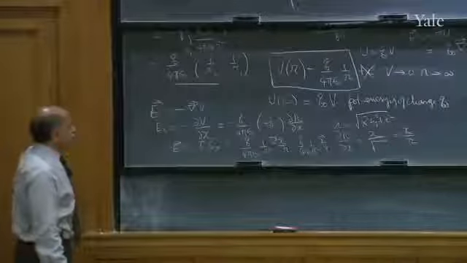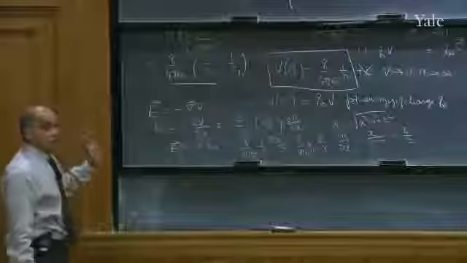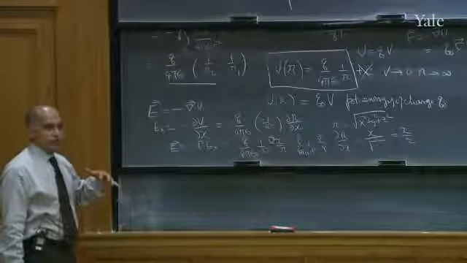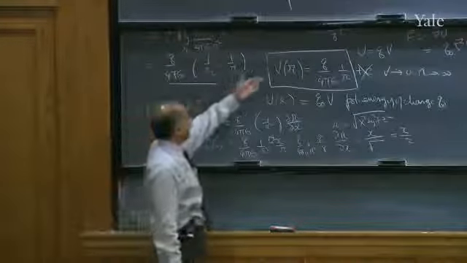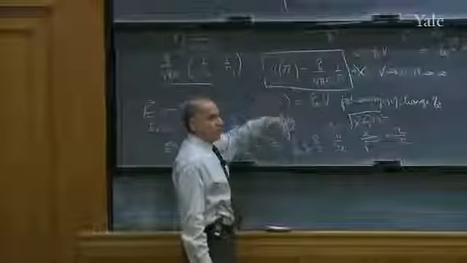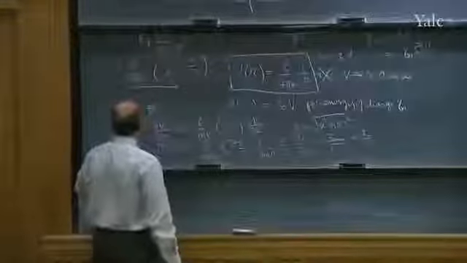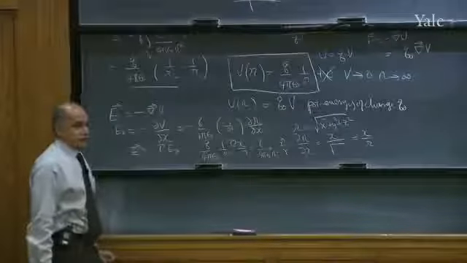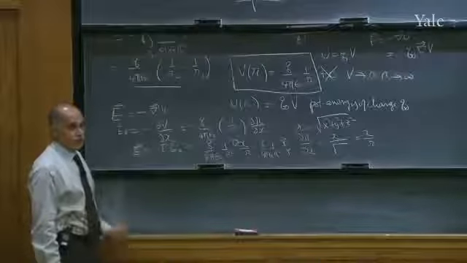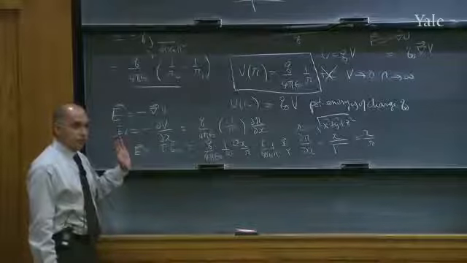I'm doing this a little fast because this is something you can go home and check. I don't want to spend too much time doing it. I claim that if you took this potential and took its x derivative or y derivative or z derivative, you get the x, y, or z components of the electric field. If you didn't follow this, you should go home and check that this is true.